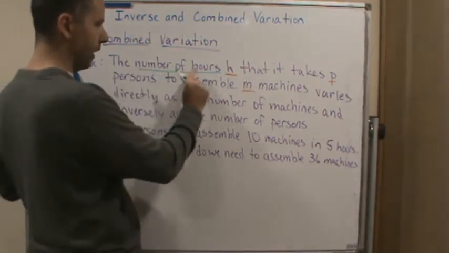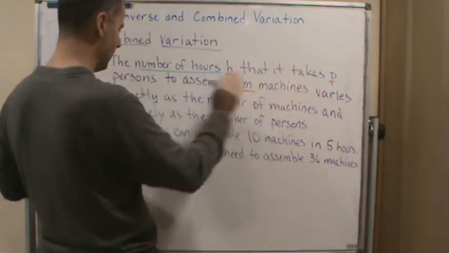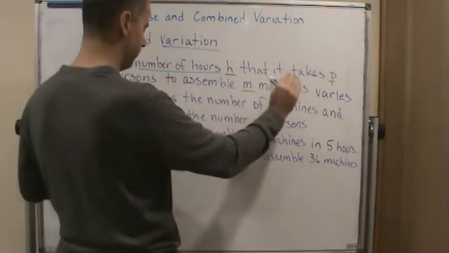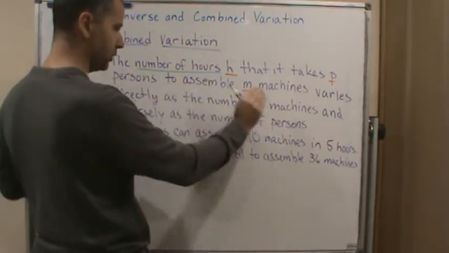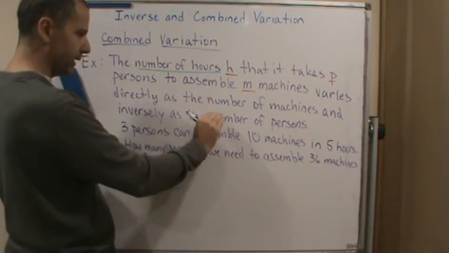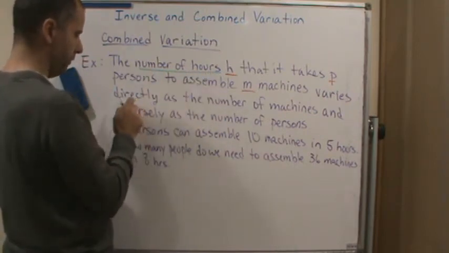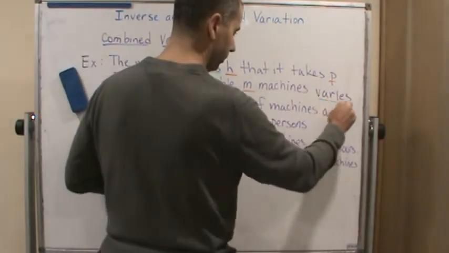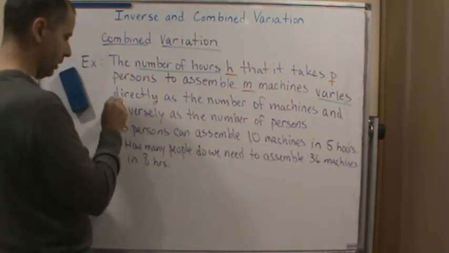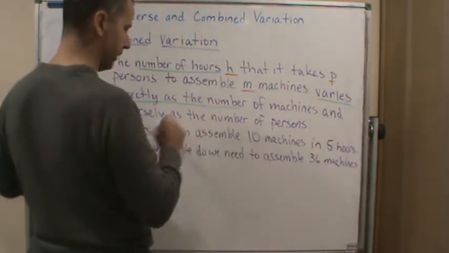It says the number of hours H that it takes P persons to assemble M machines varies directly as the number of machines. So what varies directly as the number of machines? The number of hours varies directly as the number of machines.